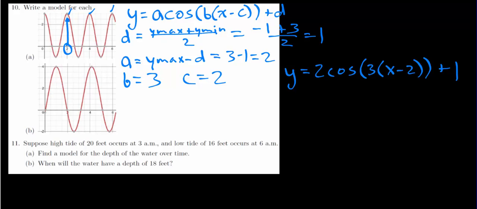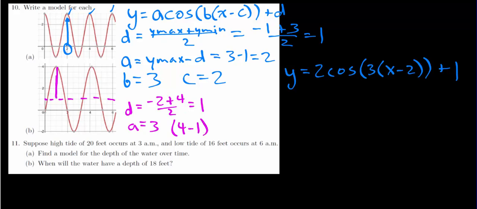Okay, so the next one, D is equal to -2 plus 4 divided by 2, that's 1. Now for A, notice there's what it's oscillating about, and from there, it looks like we go up 2. Actually, we go up 3, I'm sorry, 3, which, remember, I said is 4 minus 1.